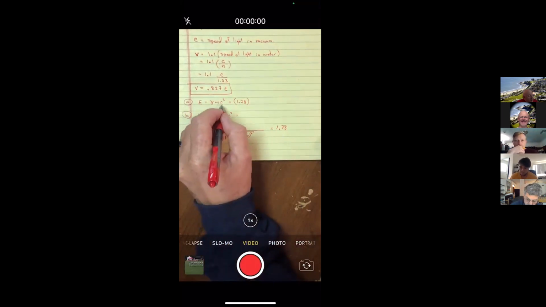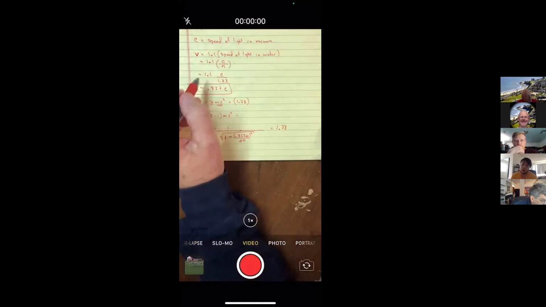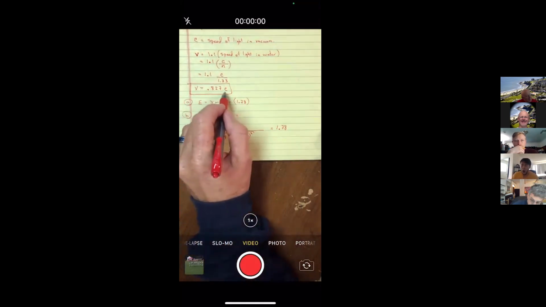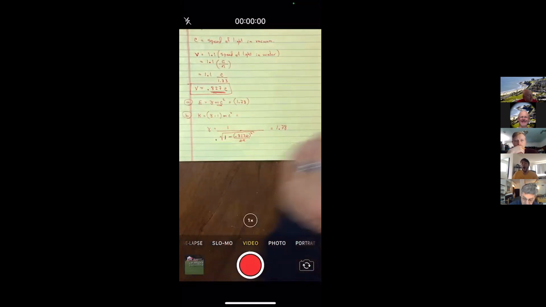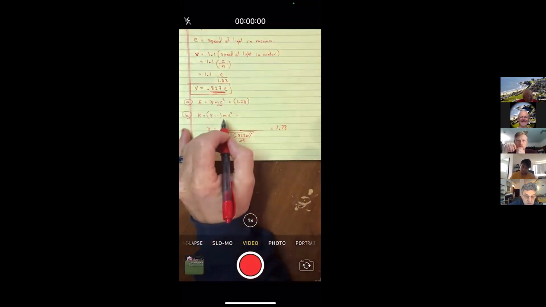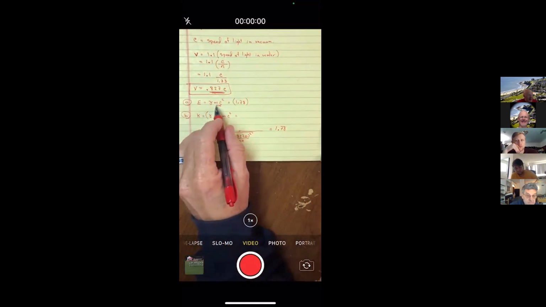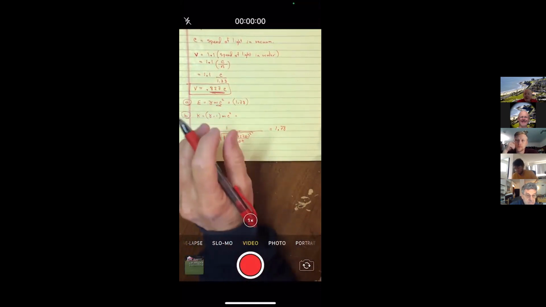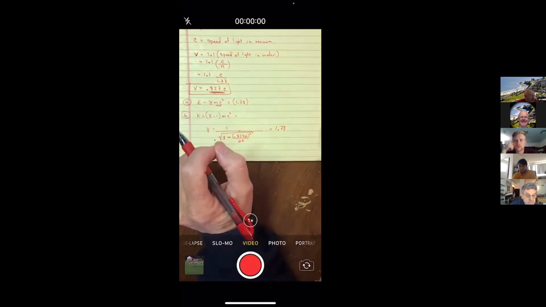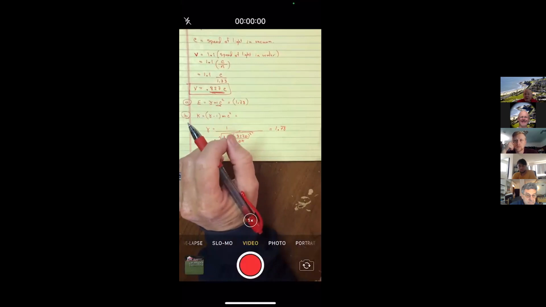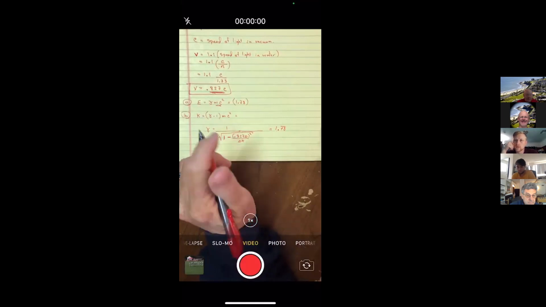But just like it's really convenient to write the speed as a fraction of the speed of light, it's really kind of nice to write the mass of an electron not in kilograms, but in some weird units you might not have ever seen.